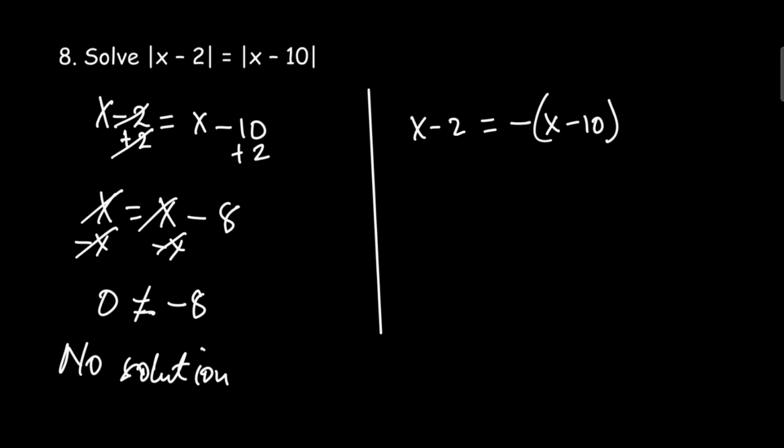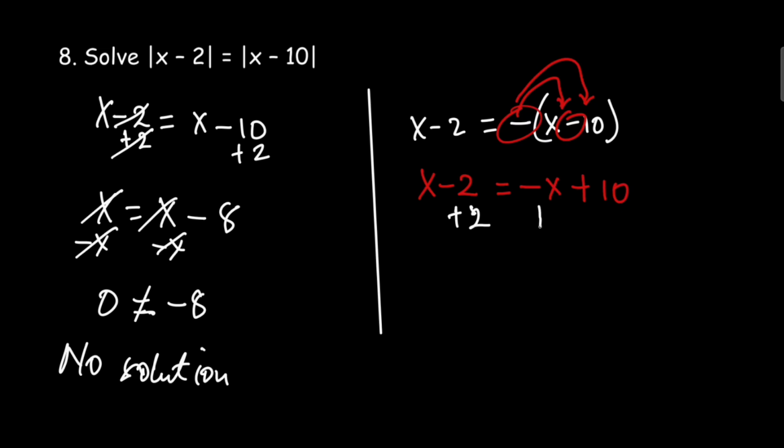This is where the game begins under this question. So what I'm going to do is just keep everything right here and then distribute this negative like this. If we distribute it, we're going to be getting negative x, then negative times negative is going to be positive, so plus 10. Then from here, I'm just going to get rid of this term right here by adding 2 on both sides, so that this and this will go. Then we have x is equal to negative x, 2 plus 10 is giving us positive 12.